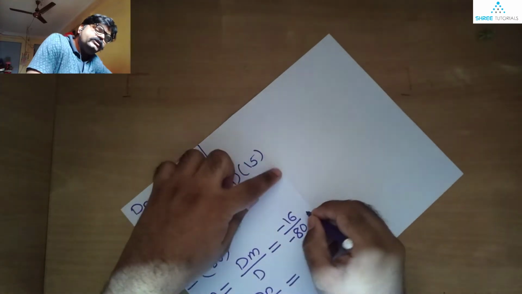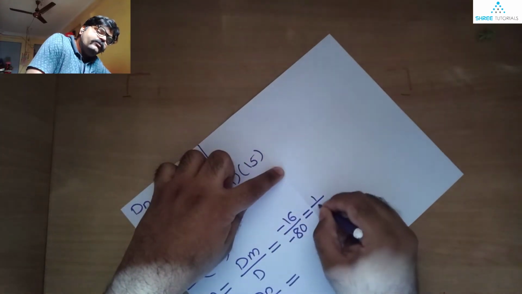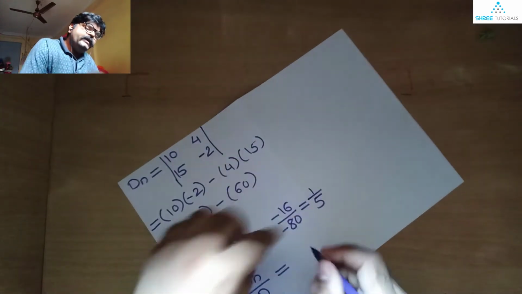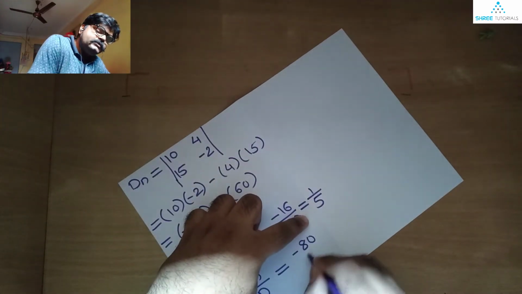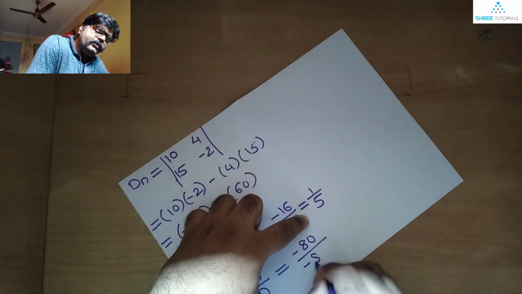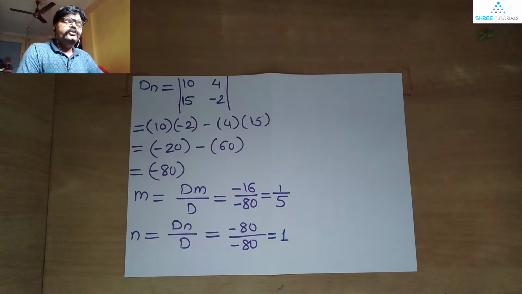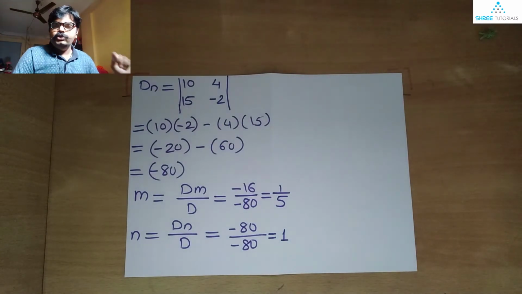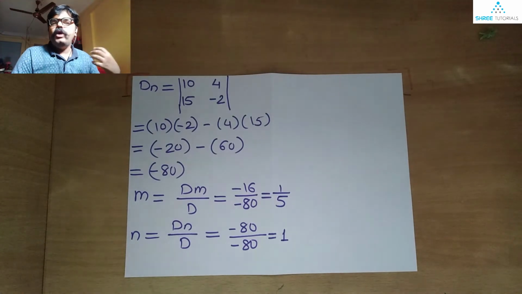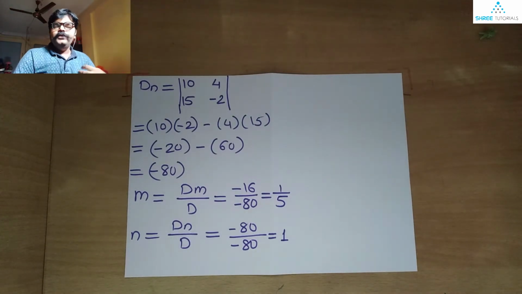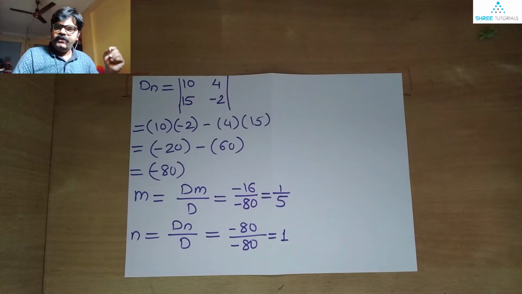After simplification we are going to have it to be 1 upon 5, and dn's value was minus 80 divided by minus 80, so that should be 1. So m and n, these two values we have calculated so far, but actually we were not after m and n's value. We were supposed to calculate x and y's value, so we are going to go after that.